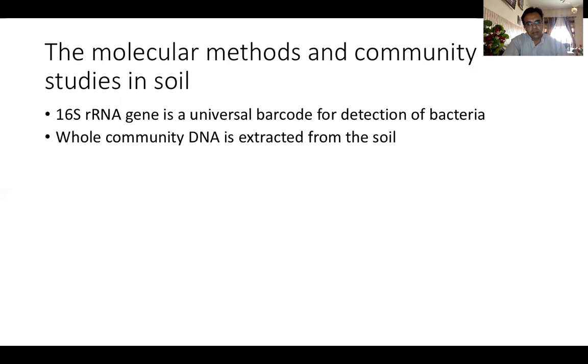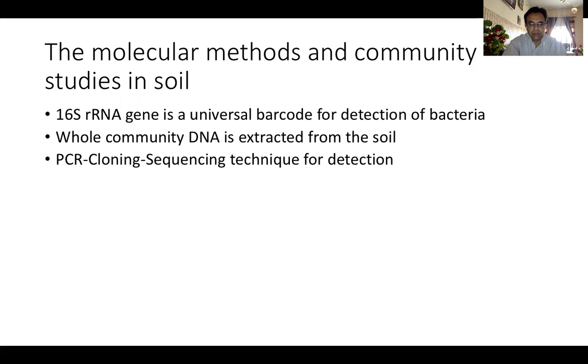In this case, the whole DNA from the soil is extracted, meaning all the DNA of all the organisms. And then we use specific primers by PCR, that can amplify specific regions in DNA that are specific to the bacteria or prokaryotic region.